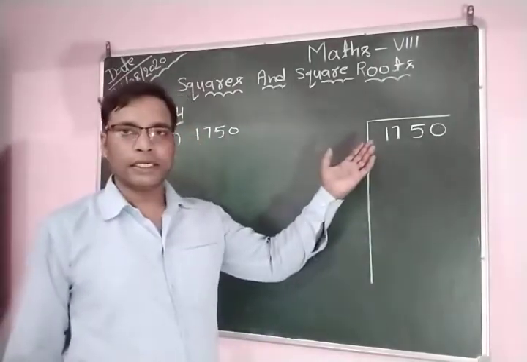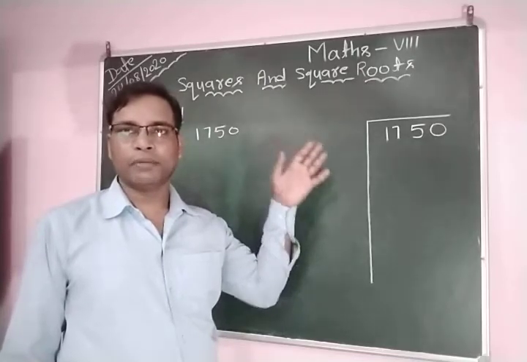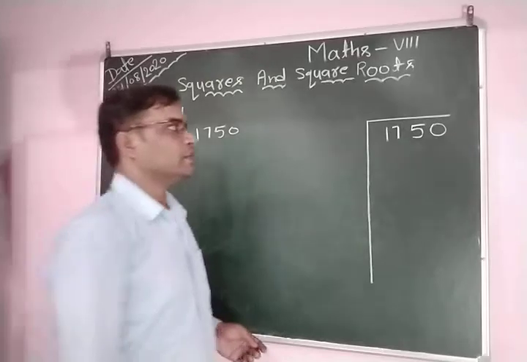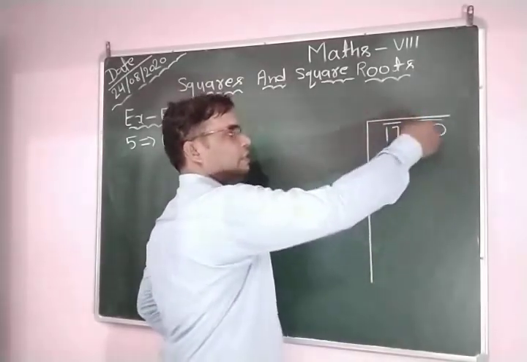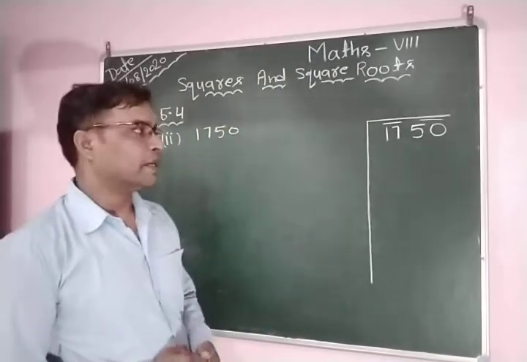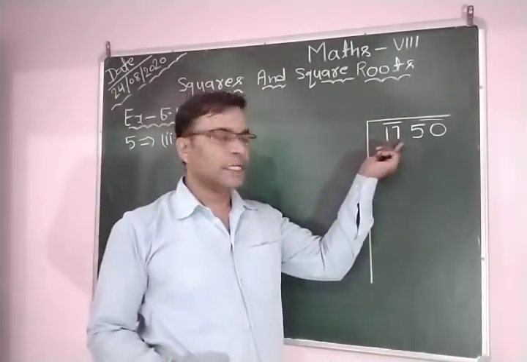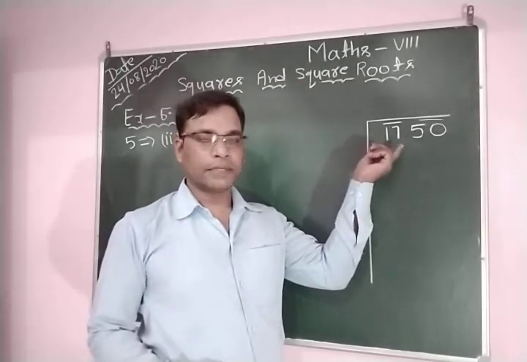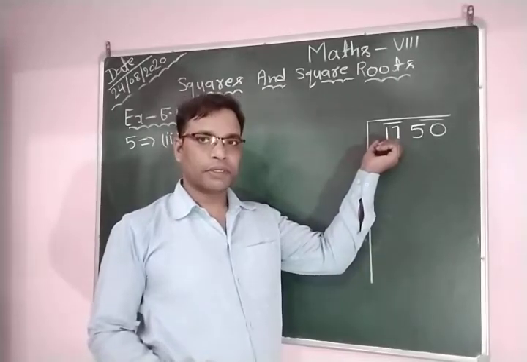So second part of this question, number 5. The given number is 1750. Okay. So first we pair it and put the bar over the number. You can see we start pairing from the right side. Okay. So you can see this is the extreme left number. So we start from this left number.